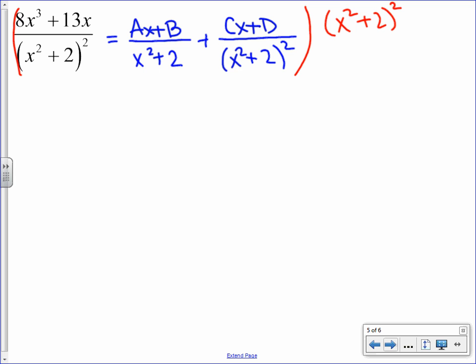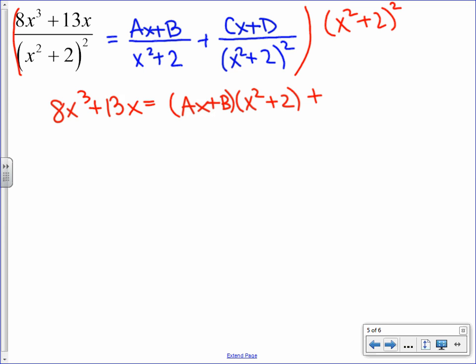So when we multiply to the left side, we are left with, when we multiply it to this first fraction, we have AX plus B times x squared plus 2, right? The second one, the denominator cancels, so we're just left with CX plus D.